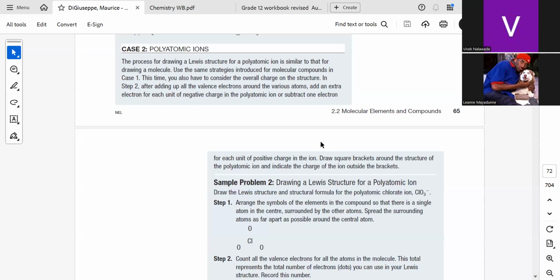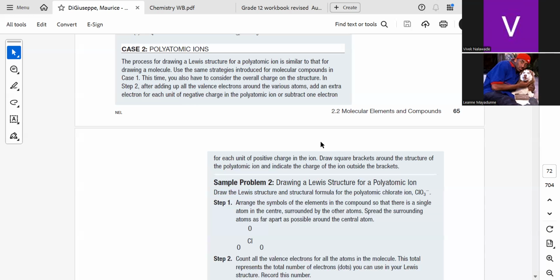And I told you the exception to this is hydrogen and fluorine. Even if they are least, I will not consider them as the central atom, because they are monovalent.